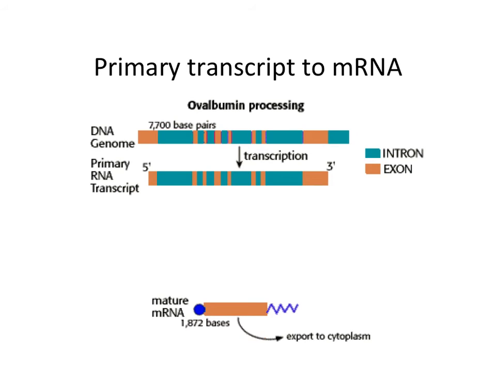So a different way to look at the same thing. We've got a stretch of DNA that contains the ovalbumin gene. Here's the primary transcript. Just qualitatively, in your terms, not being exact, what's different between the DNA and the primary transcript in this case, if you just compare the 2 lines?